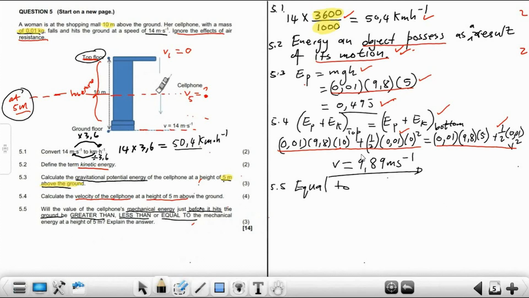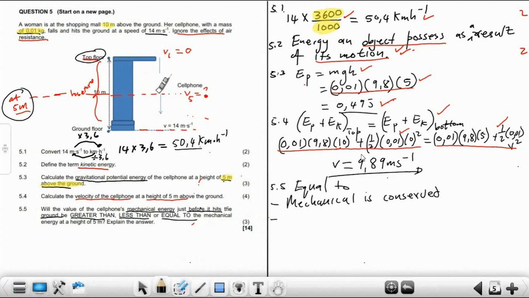So as long as the mechanical energy is conserved and the system is isolated, there will not be any change regardless of the reference point you are looking at. So the key reason here is that mechanical energy is conserved. That is very, very key.